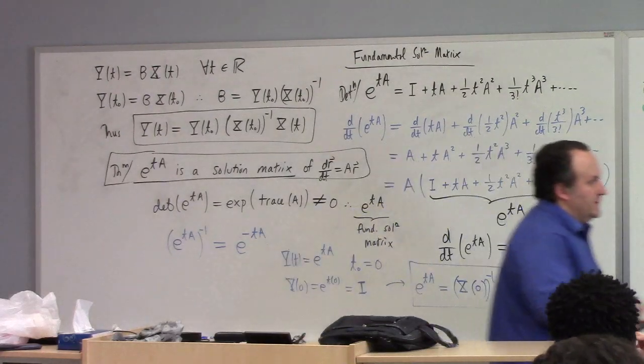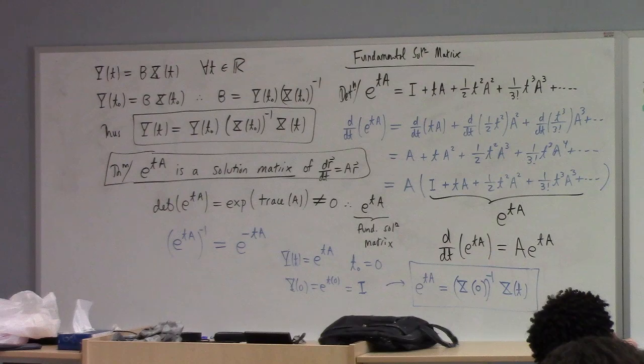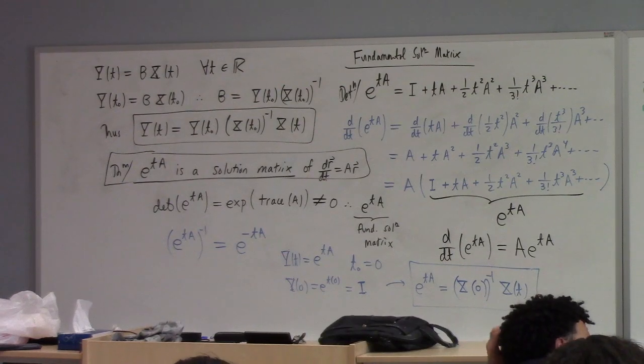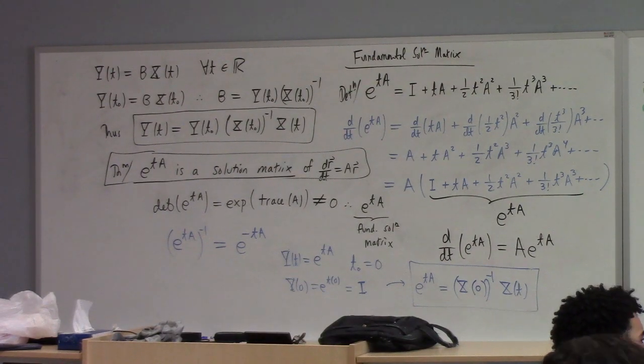Like for instance here, we could look at x of t equal to, you know, we'd end up with like a 0, cos t, sine t, if we were to look at A equals 0, minus 1, 1, 0, right?